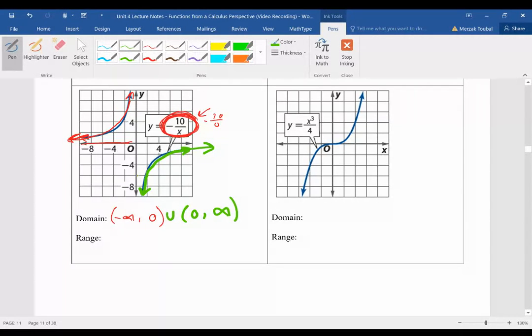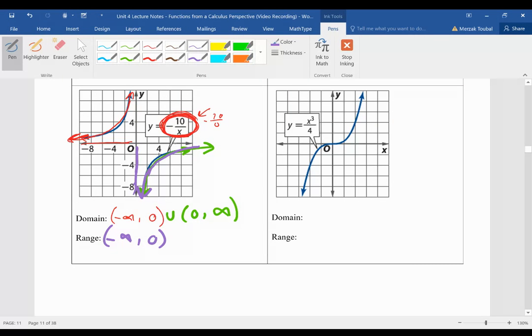Now for the range, we will go from negative infinity, because you see the curve here goes down to negative infinity. So negative infinity, and then, as you see, the curve approaches y equals 0. It will never equal y equals 0. It just approaches y equals 0.